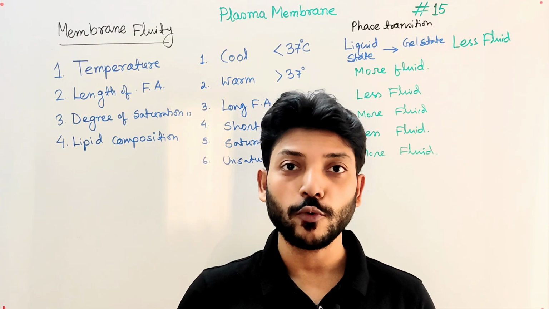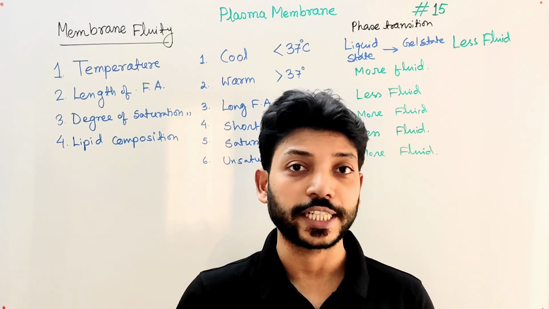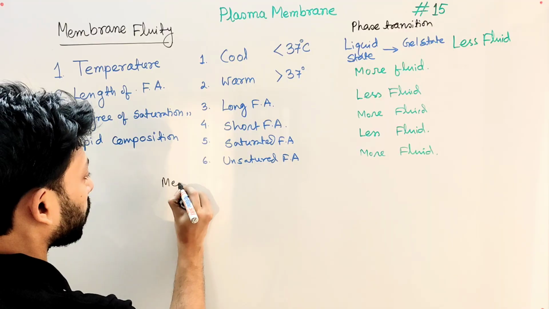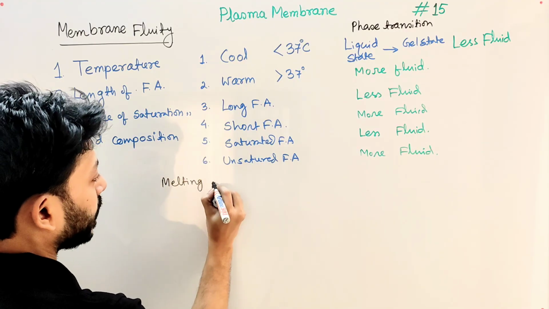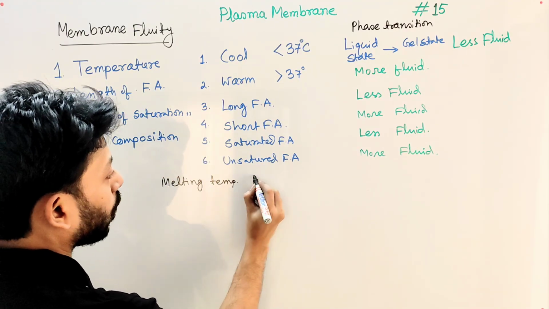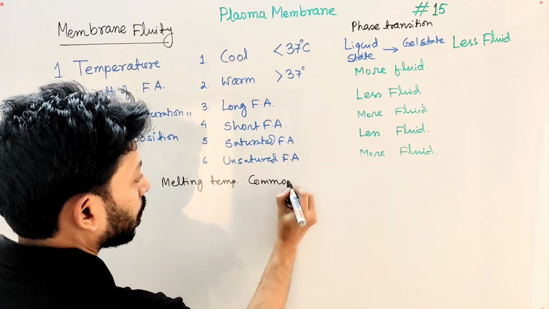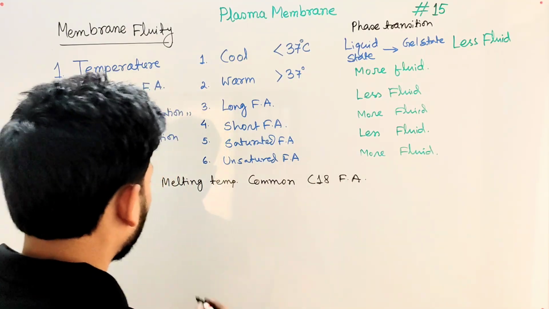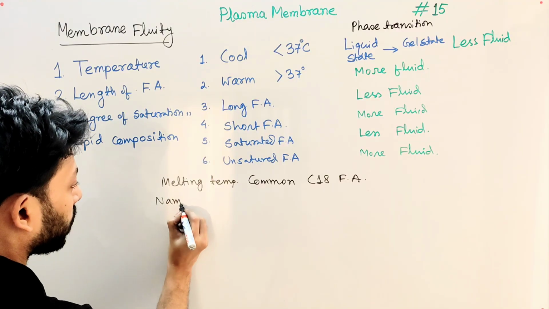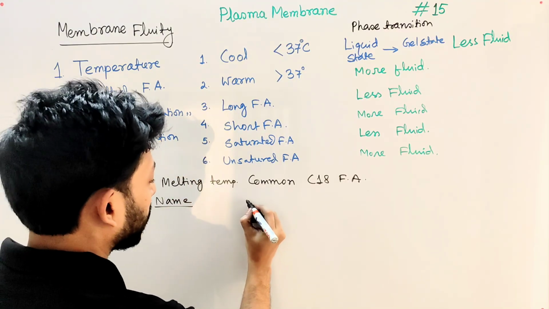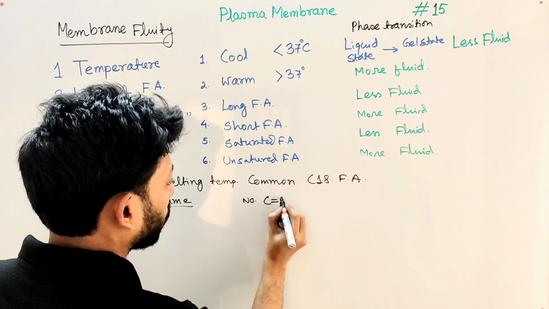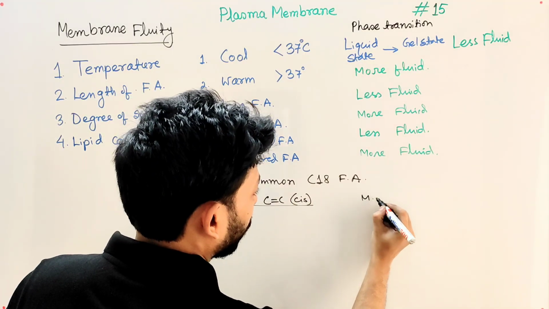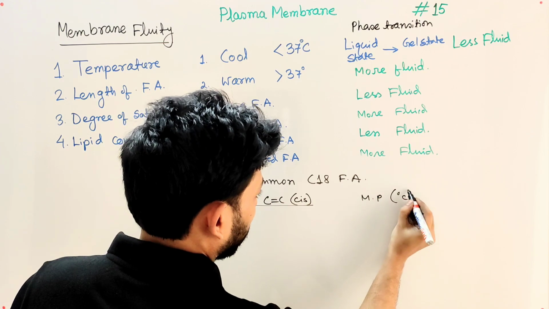Now let's see how melting temperature differs with the degree of saturation. So we will measure the melting temperature of common carbon 18 fatty acids. At first we will write the name, then the number of carbon-carbon cis double bonds, and then we will measure the melting temperature in degrees centigrade.